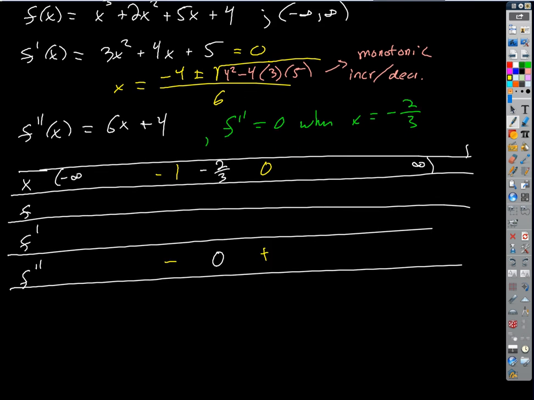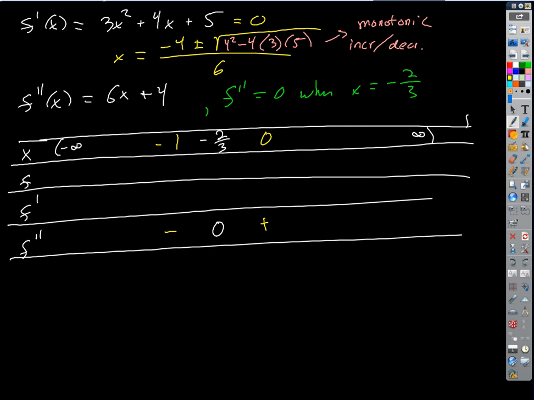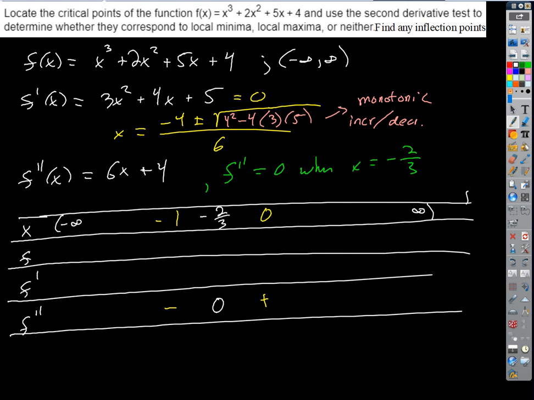What does this graph look like? And I guess we could figure out what's the value of the function at -2/3. I don't really feel like doing that. What is it as a decimal? Somebody throw that in your calculator real quick.